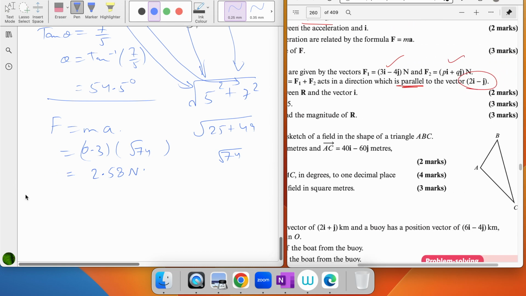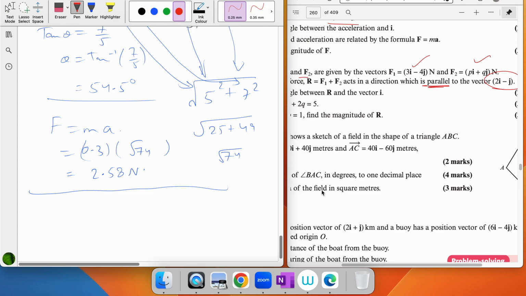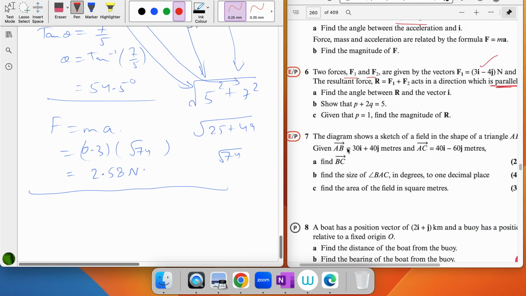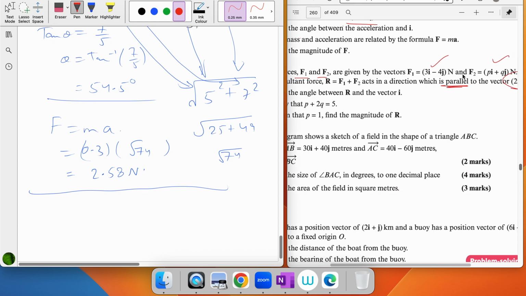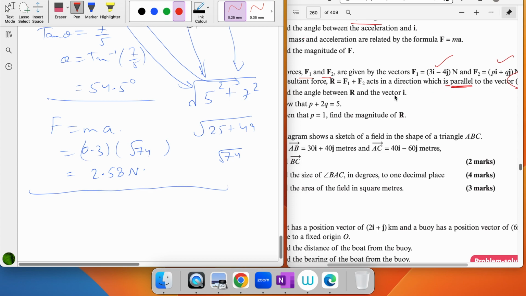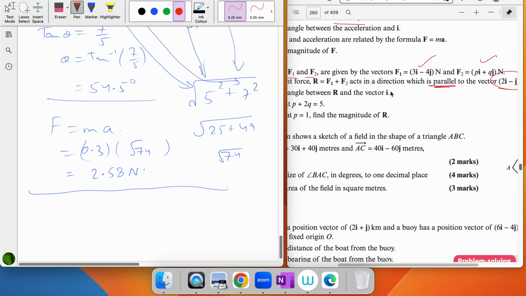Are you getting it, or am I solving it alone? Yes. It said two forces F1 and F2 are given. F1 is given and F2 is also given, and we can see F2 is basically unknown, pi plus qj.